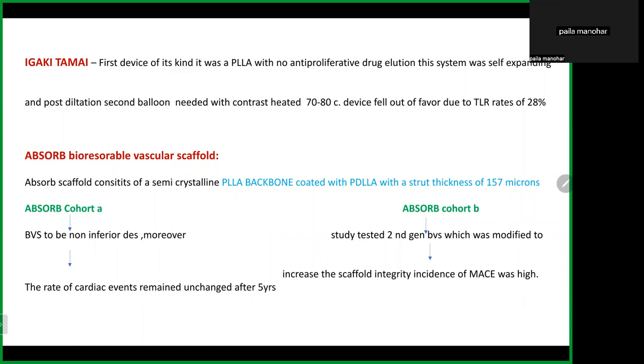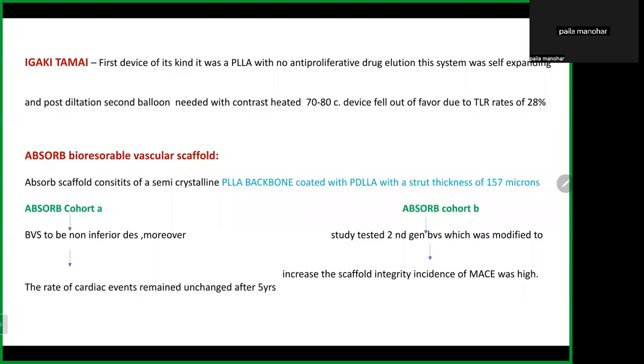The next trials, the follow-up, were the ABSORB bioresorbable vascular scaffolds. The ABSORB scaffold consists of a semi-crystalline polylactic acid backbone coated with poly-D-lactic acid, with a strut thickness of 157 microns. They did ABSORB cohort A and cohort B trials. They were non-inferior.